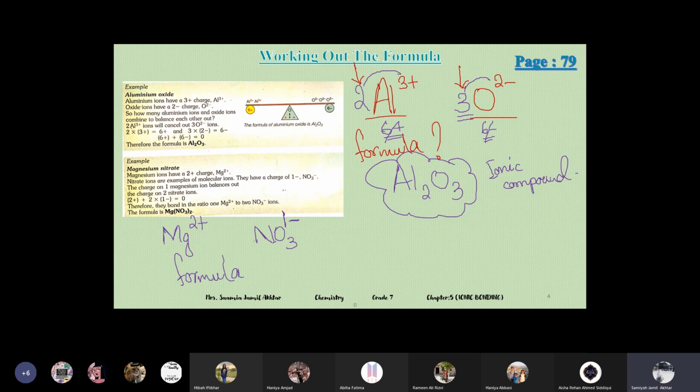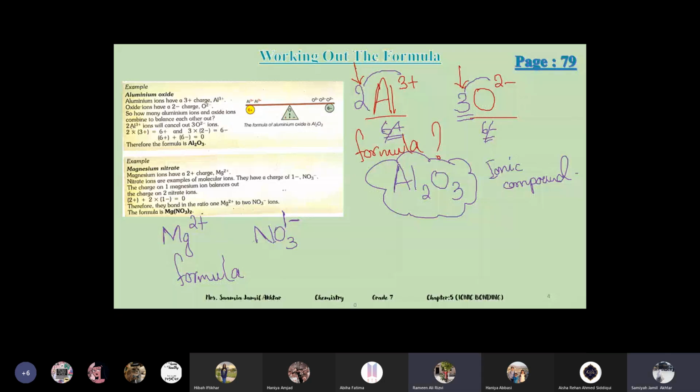First tell me how we can balance these charges, this 2 and 1. Can you hear me? Yes, miss. How can we balance magnesium and nitrate?